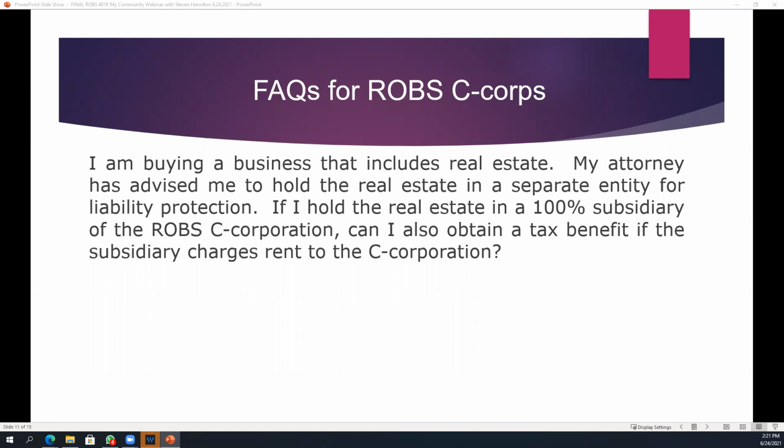We want to make sure that we're maintaining those checks and balances and doing things the proper way. I will also bring up that in some states, for example, Florida has a sales tax on commercial leases. I see. So you could inadvertently be creating an additional sales tax liability by leasing it to your own entity.